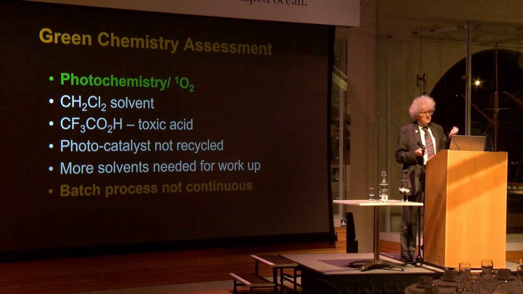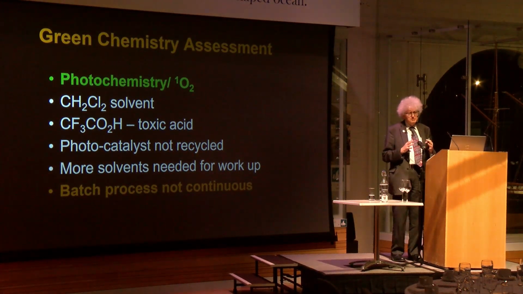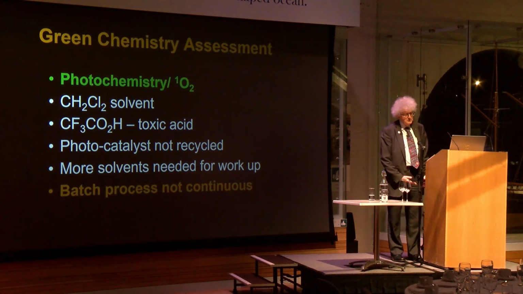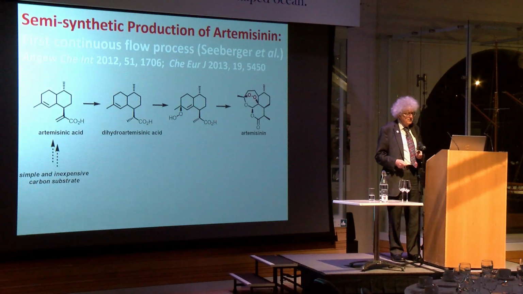They use trifluoroacetic acid that's really toxic, and they don't recycle the photocatalyst, and they need other solvents to purify it. And it's done in a batch process, in a large vessel, which is not very good from the point of view of photochemistry.